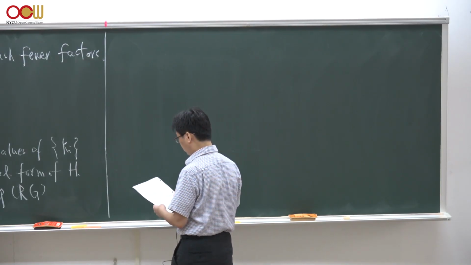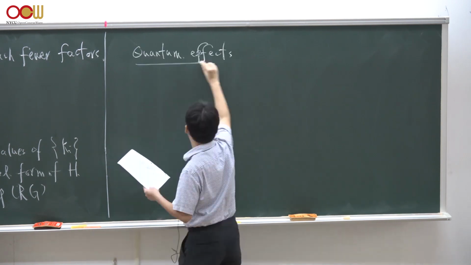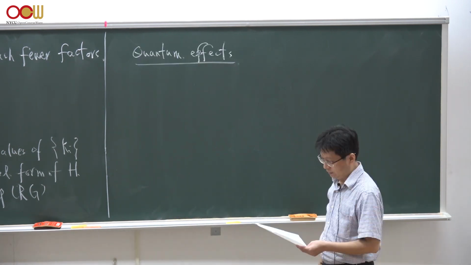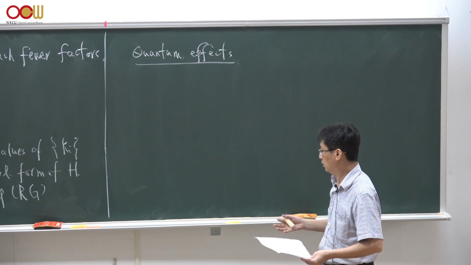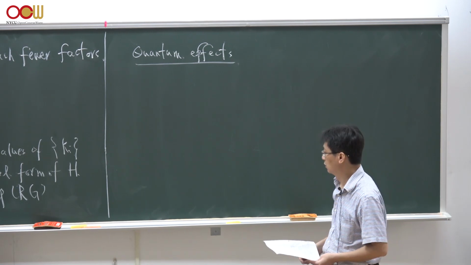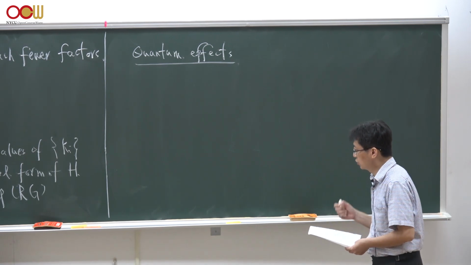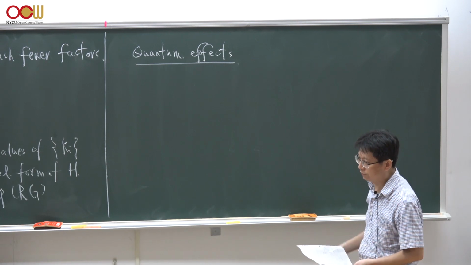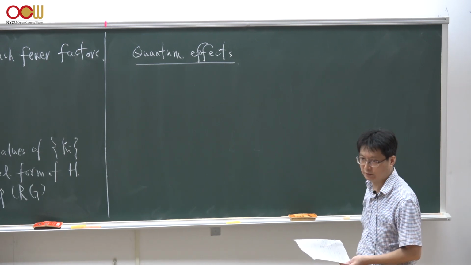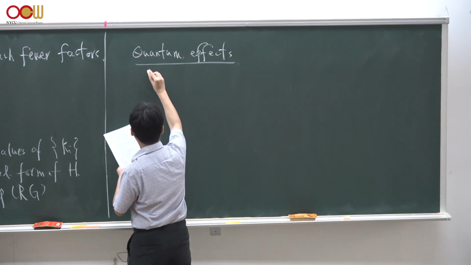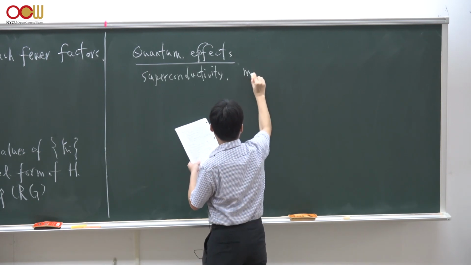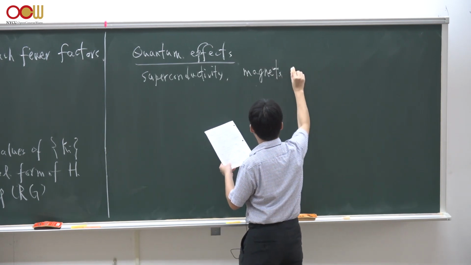And the final remark is about quantum effects. Some people may say that at finite temperatures, for a quantum mechanical Hamiltonian, quantum mechanics will certainly affect these critical properties. But is it true? For example, superconductivity and magnetic systems, magnets, and so on.